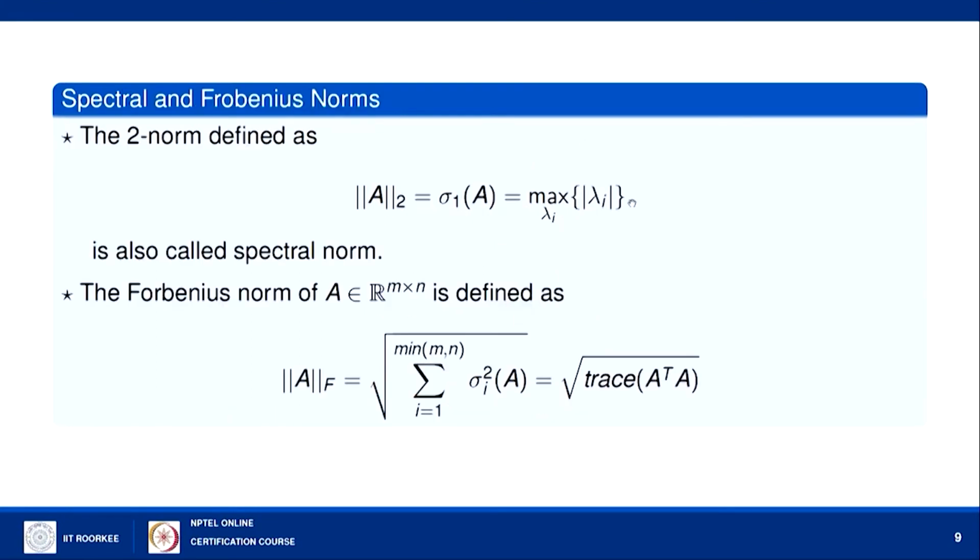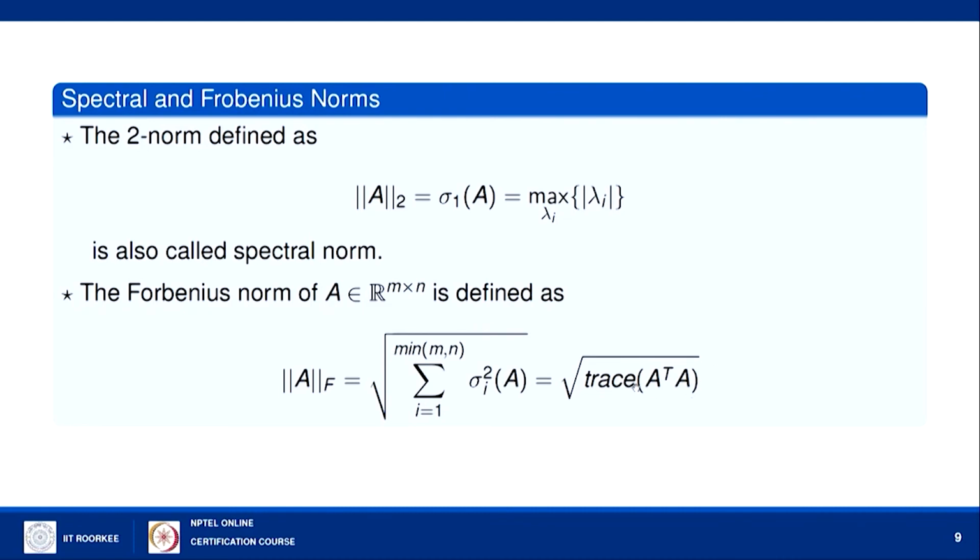As I told you, in terms of eigenvalues we can write it this way, and this 2 norm is also called the spectral norm. We also have the Frobenius norm of the matrix A, which is nothing but the square root of the sum of the squares of the singular values, and that is the square root of the trace of A transpose A, as I am giving here.